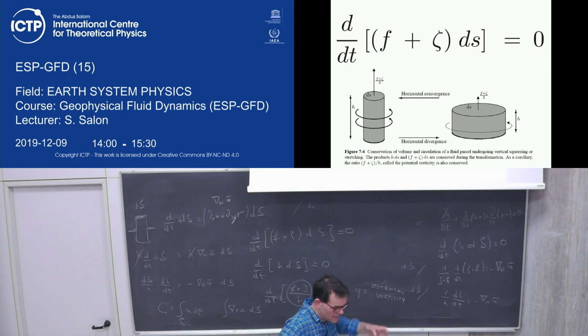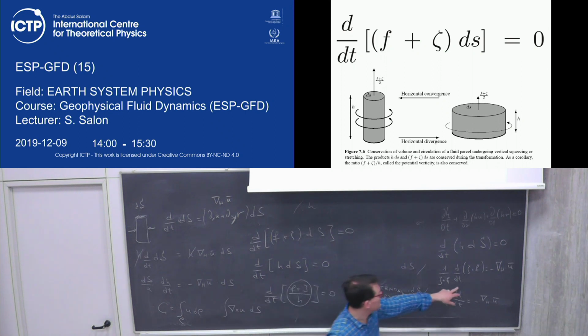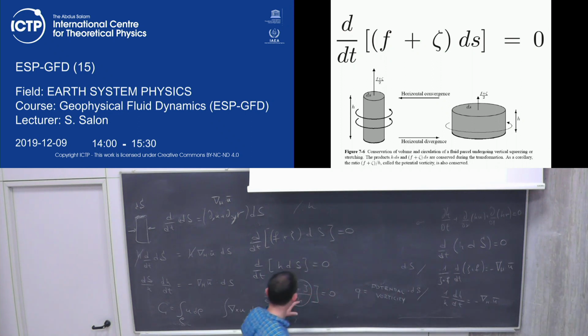So the vorticity flux is, the flow can be squeezed or stretched, but the vorticity will remain the same. And in this case, the vorticity is not only the relative vorticity, zeta, but the sum of the relative vorticity and the ambient vorticity. Okay?